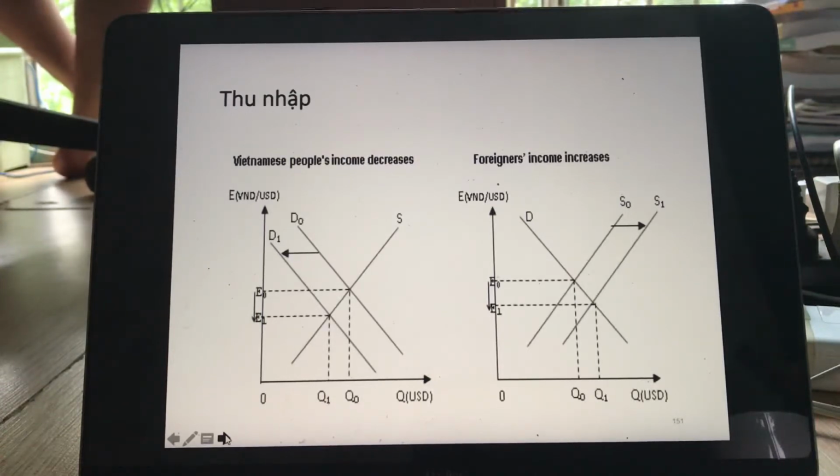Write your full name in the Vietnamese order, so it's easy for me to follow you. Okay. Any ideas?